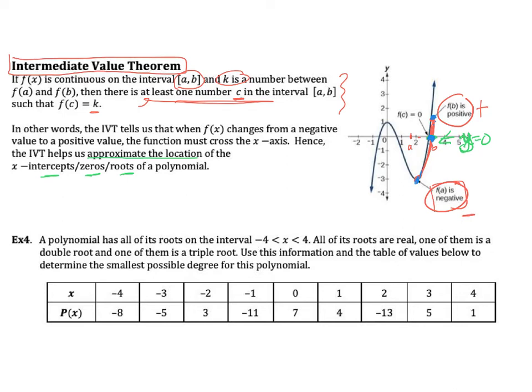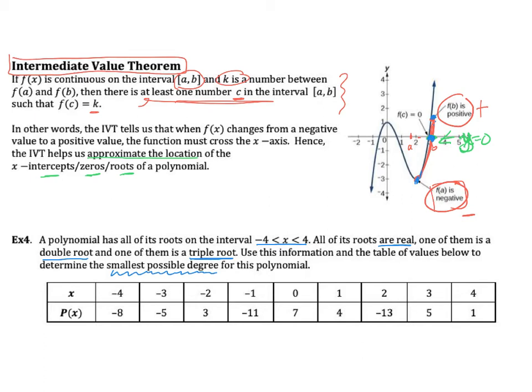So question number 4 says a polynomial has all of its roots on the interval from negative 4 to 4. All of its roots are real. One of them is a double root and one of them is a triple root. Use this information and the table of values below to determine the smallest possible degree for this polynomial.